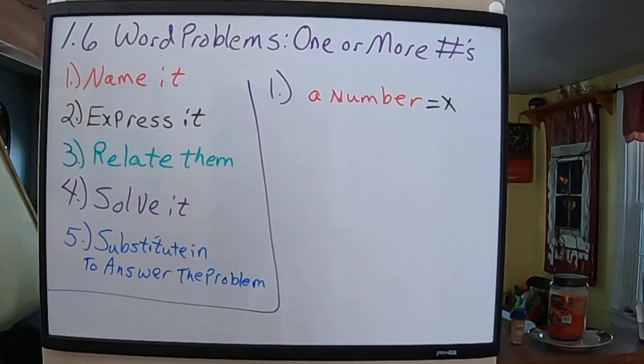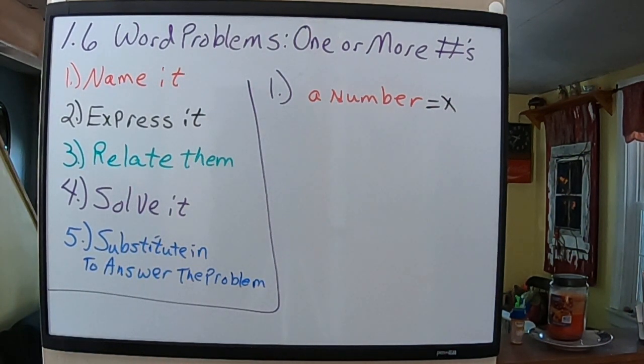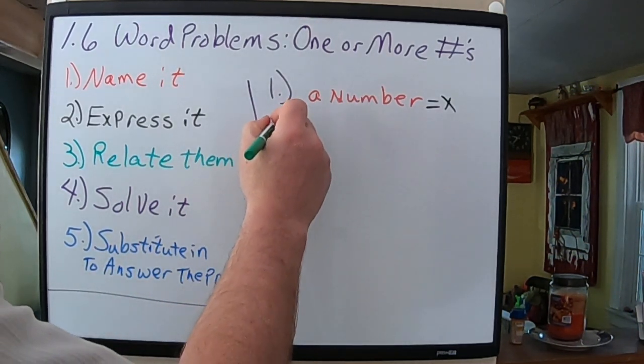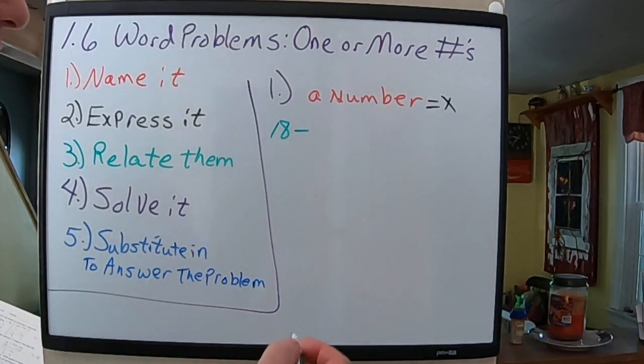That's called relate them. That's what I use that term for, relate them. So it says 18 is decreased by. 18 is made smaller by. So decreased by the sum of a number and 6.